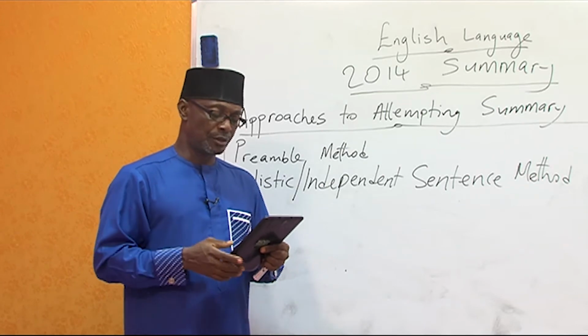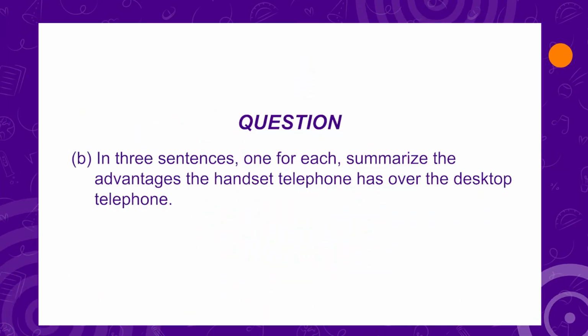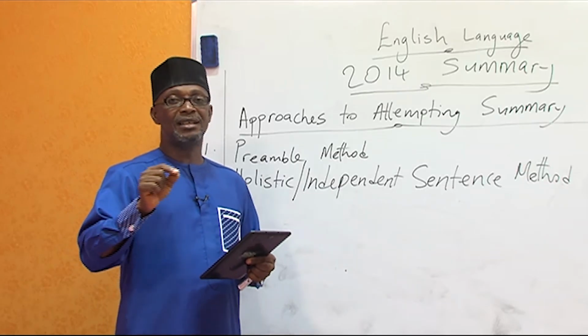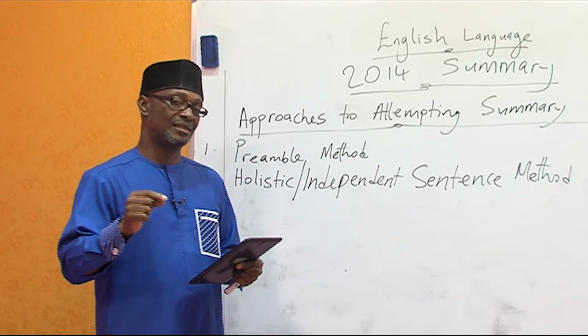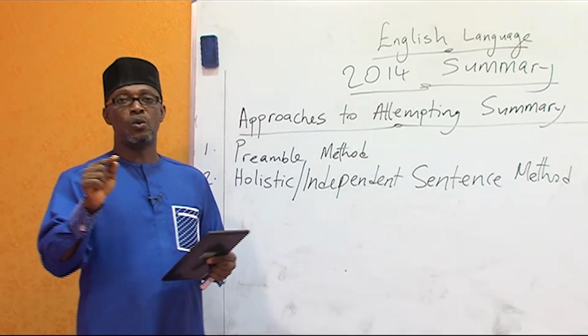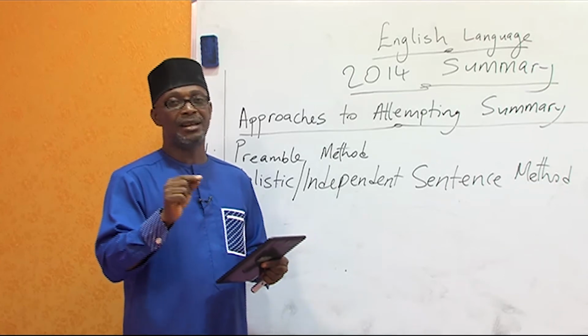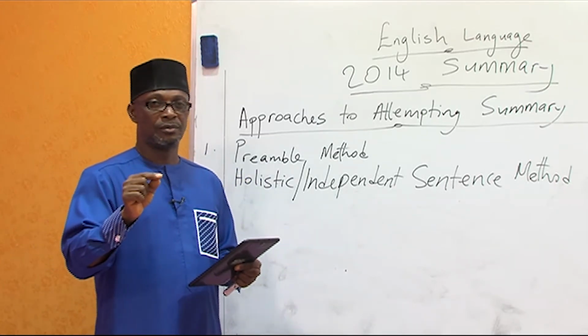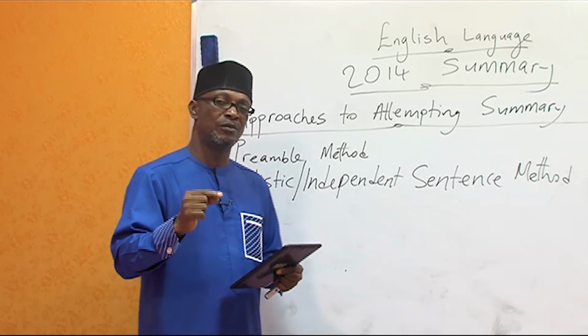The second question: in 3 sentences, one for each, summarize the advantages the handset telephone has over the desktop telephone. Handset telephone is another necessity. That is what we're saying. In a bid to avoid copying directly from the passage, don't use a diction that will change the meaning of the passage.